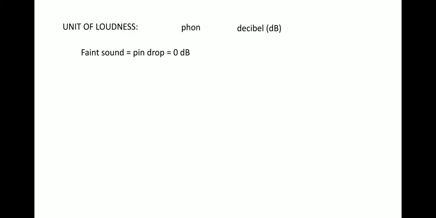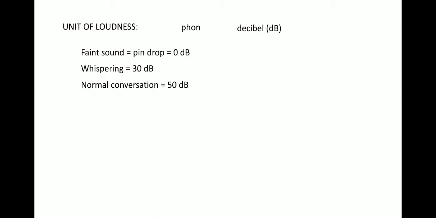Similarly, we move on to the higher decibels. When you whisper, the way you whisper softly is considered as 30 decibel. When you are talking normally, like I am talking to you, normal conversation is about 50 decibels.